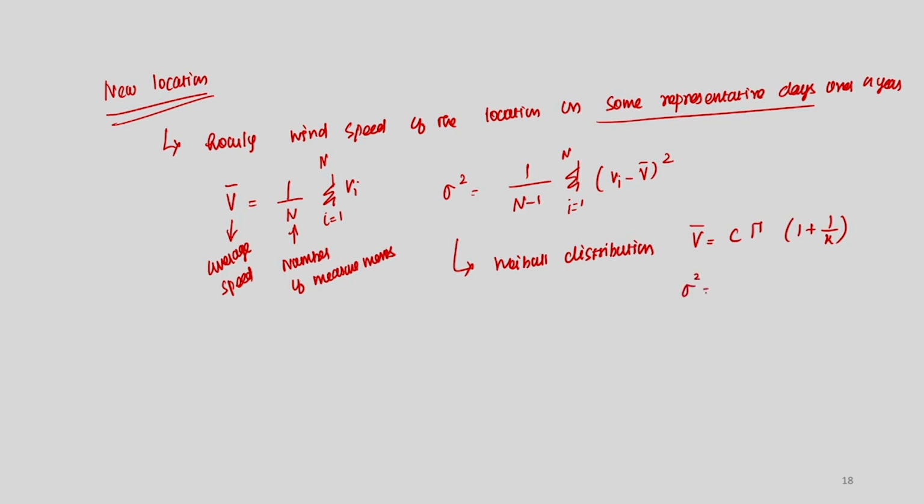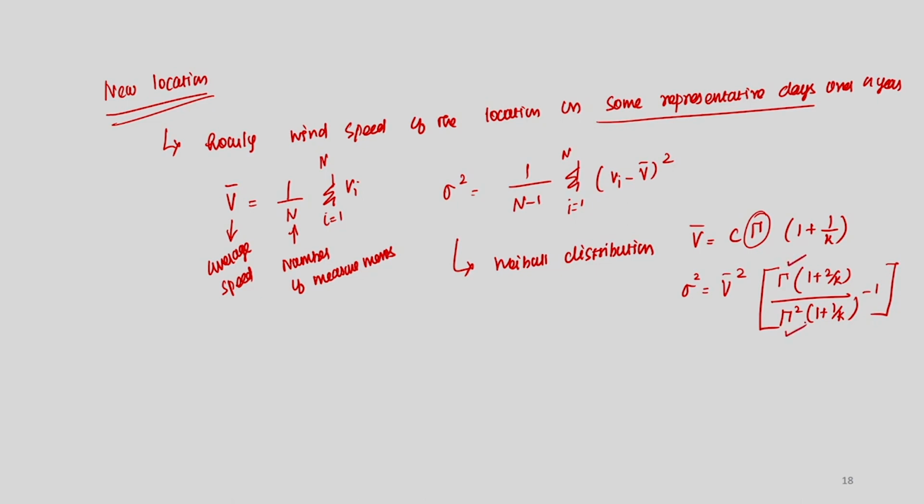Then sigma square is V bar square into gamma of 1 plus 2 upon k upon gamma square of 1 plus 1 upon k, minus 1. So, average velocity is defined as a function of c and k, and there is a function called the gamma function.